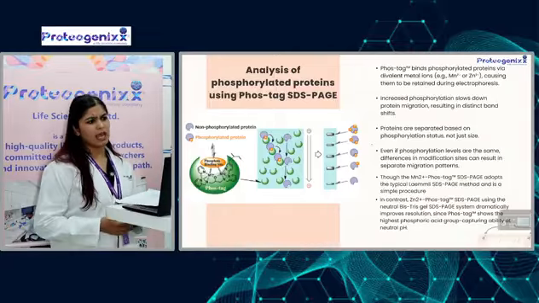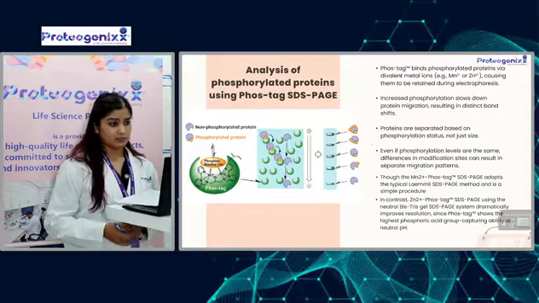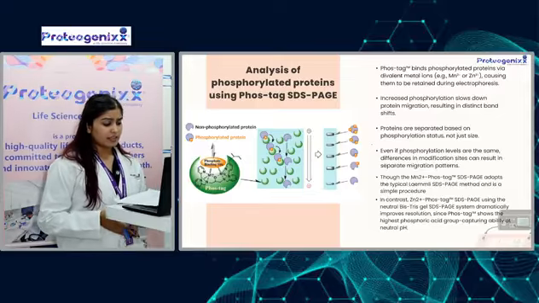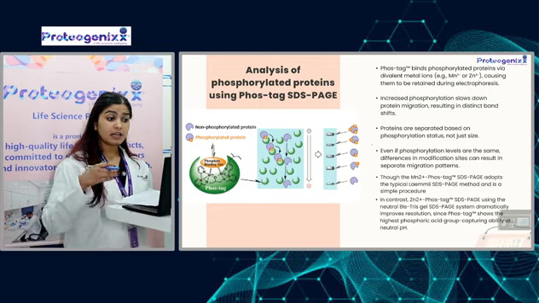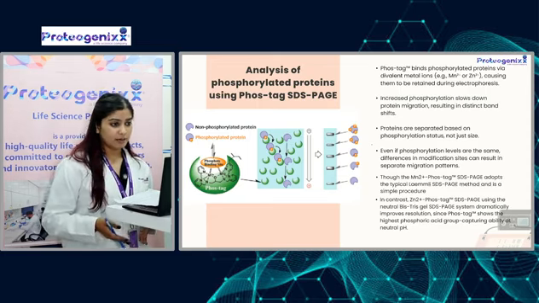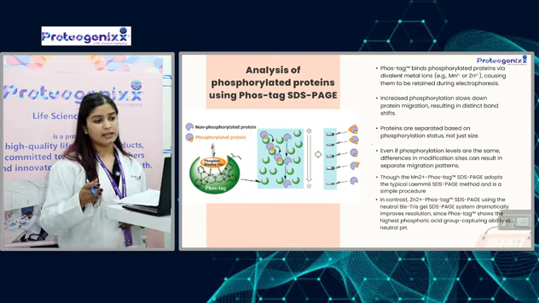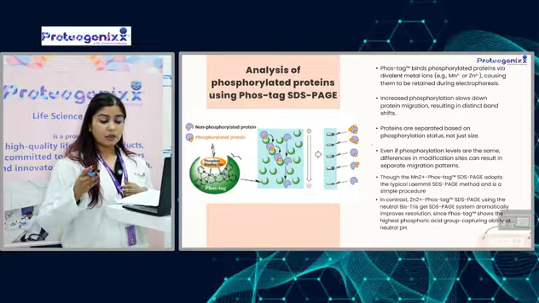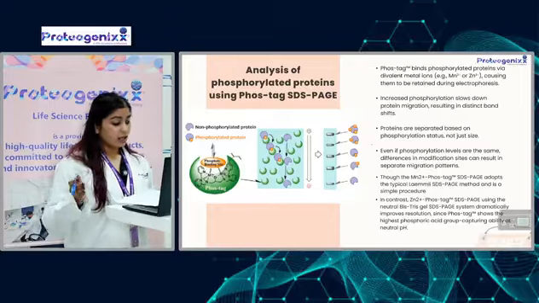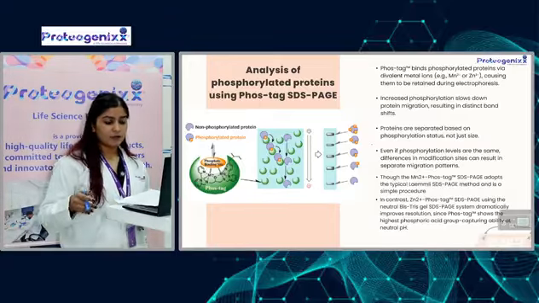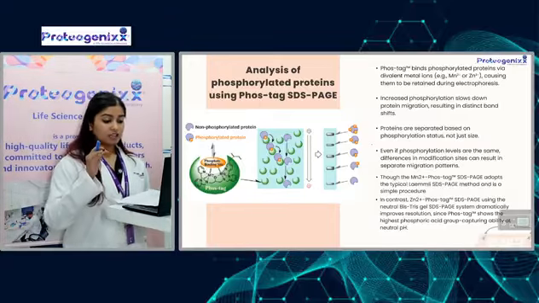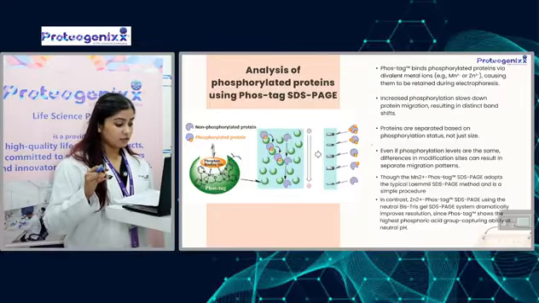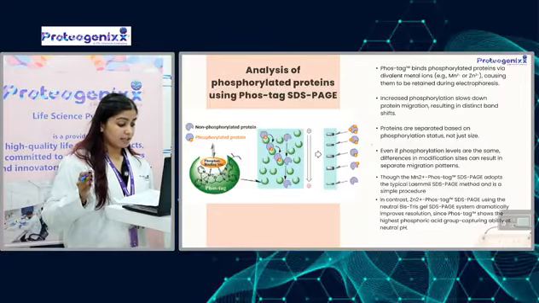So what is the principle behind Phos-tag SDS-PAGE? During Phos-tag SDS-PAGE, the reagent is incorporated into your polyacrylamide gel along with divalent metal ions like manganese or zinc ions. After the gel has been polymerized and your samples have been loaded, electrophoresis is initiated and the gel is run.